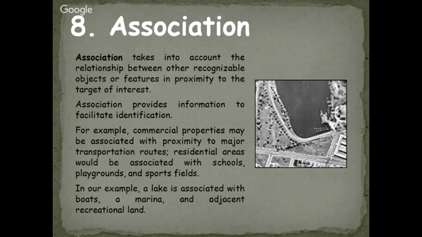So if on a satellite image we see a very large building along with a playground, we can associate these two surfaces together, and then we can say that this particular area represents some sort of institution, maybe a school or a college, or a sports complex. By establishing these associations, we can identify various surfaces.